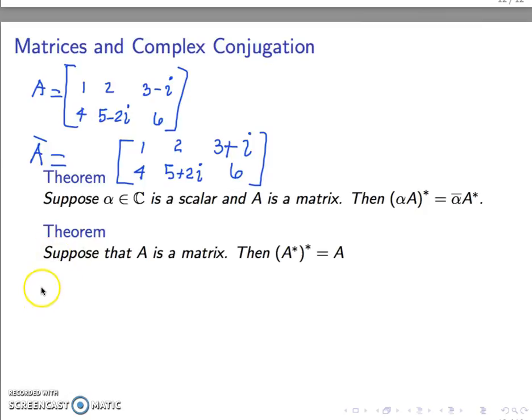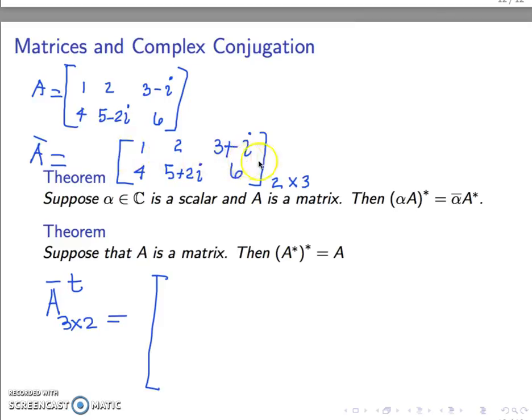And if we now take the transpose, here's the conjugate. We take the transpose of A conjugate. This matrix has 2 rows and 3 columns. The transpose of A conjugate is going to have 3 rows and 2 columns.